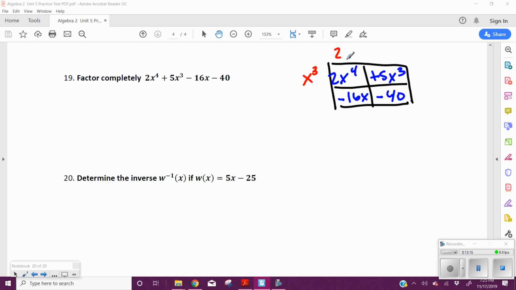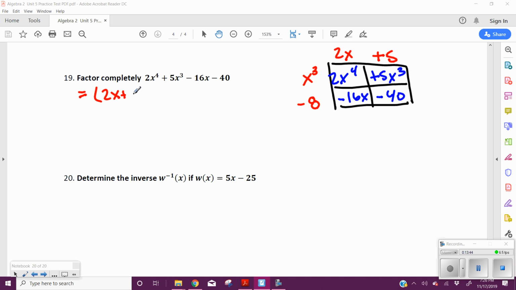Well, I will need a 2 and an x. What times x to the 3rd will give me 5x to the 3rd? I would need a positive 5. What times 2x would give me a negative 16x? That would be a negative 8. And then negative 8 times 5, that's negative 40. So that's correct.